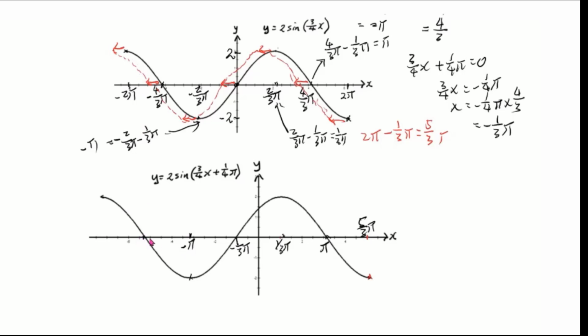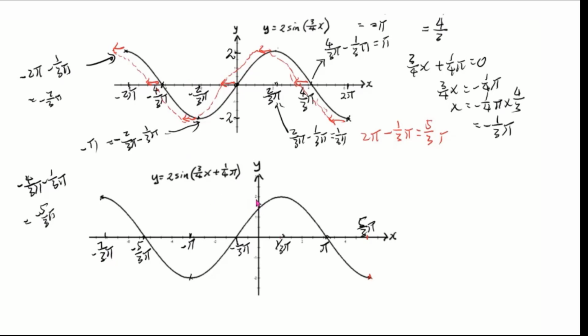As for this point, before the translation, it is negative 4 over 3 pi. After the translation, it is equal to negative 5 over 3 pi. So this is negative 5 over 3 pi. And the last point before translation is negative 2 pi. After the translation, we get negative 7 over 3 pi. So we label here negative 7 over 3 pi.